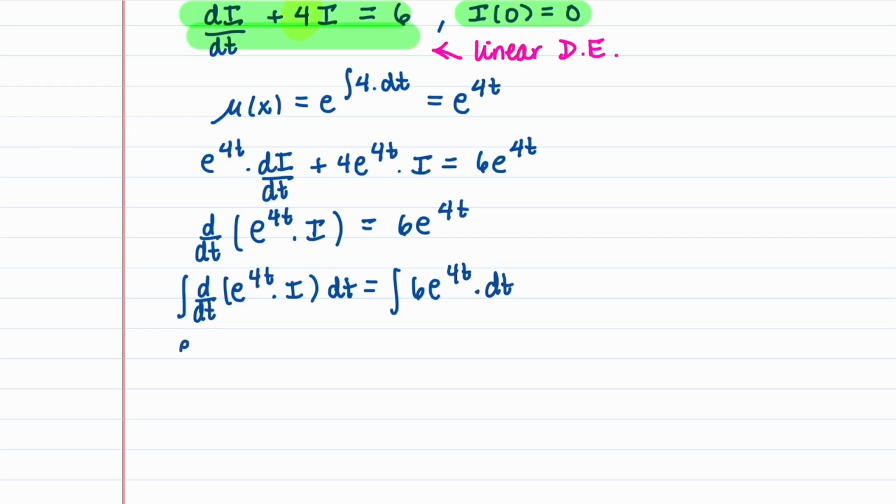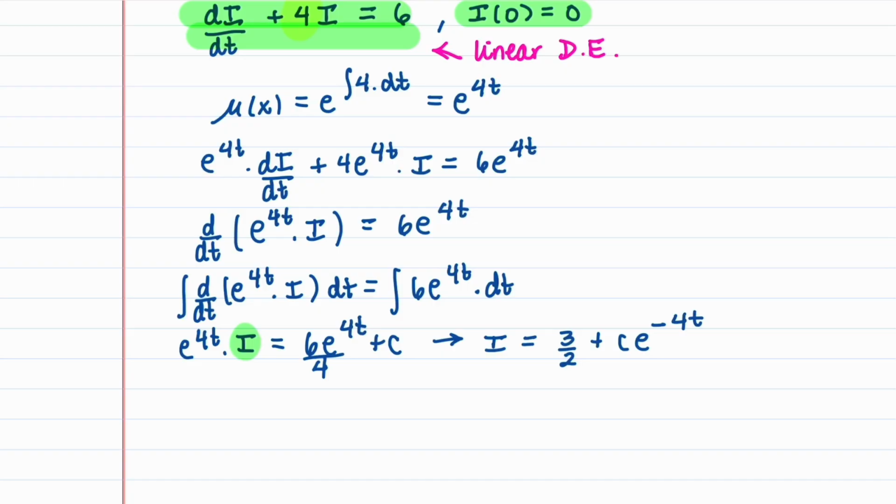On the left, we just have e to the 4t times I. And then on the right, we have 6e to the 4t, but we need to divide by 4. And then we'll add on our arbitrary constant c. If we solve for I, we find that I is equal to 3/2 plus c e to the minus 4t.